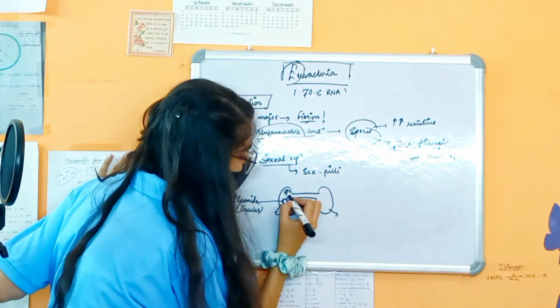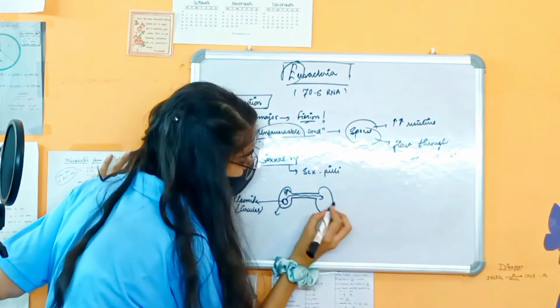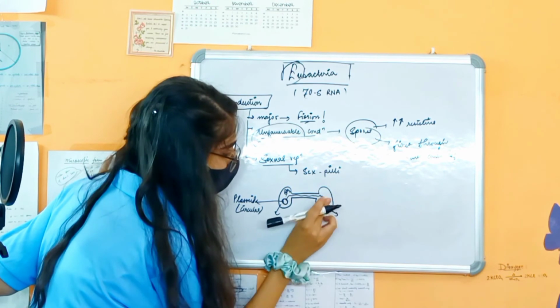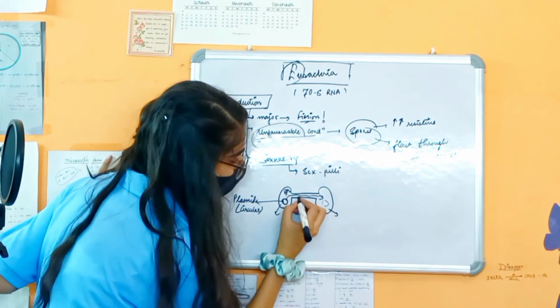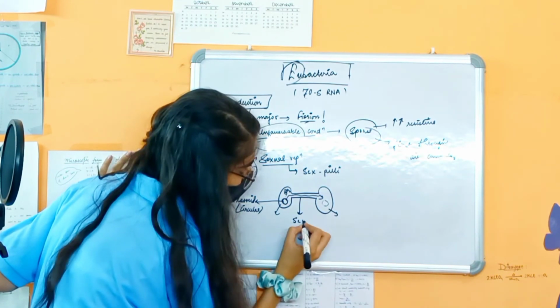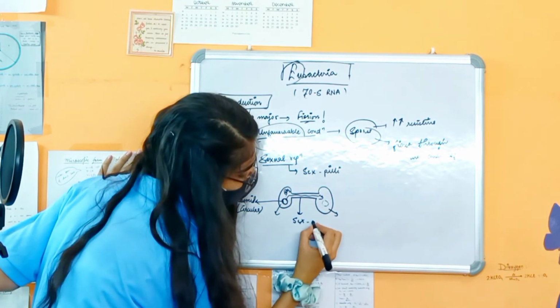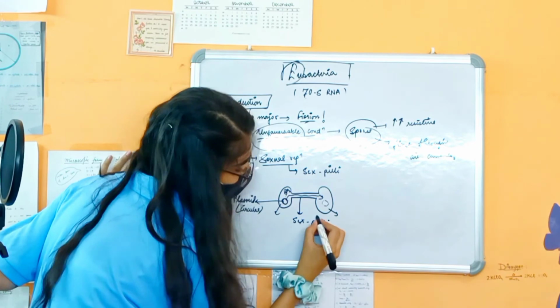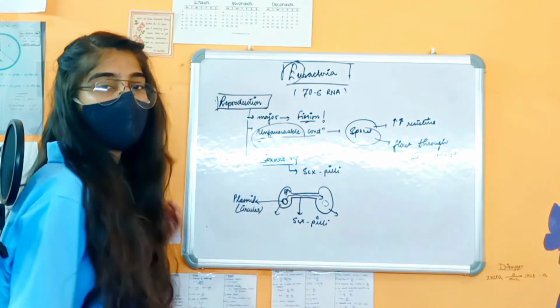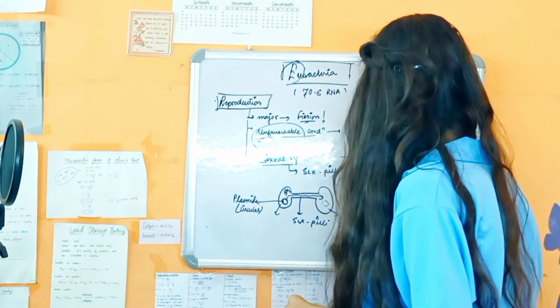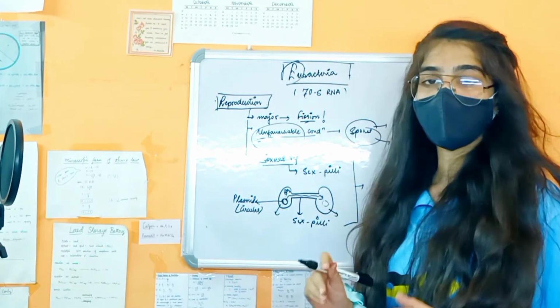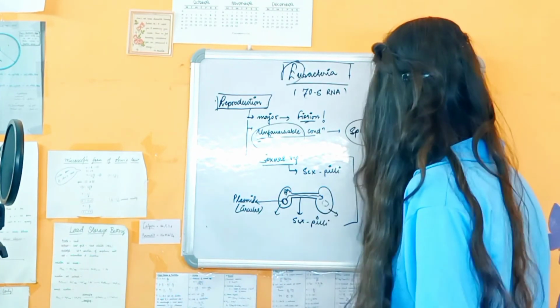This plasmid gets transferred to this other bacteria through sex pili. This is the structure known as sex pili. This process of sexual reproduction that occurs in bacteria is known as conjugation.